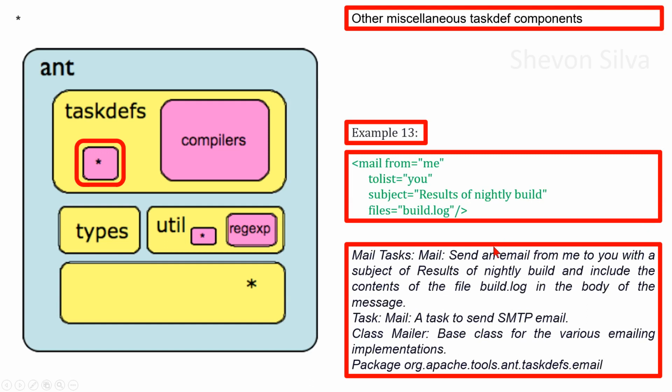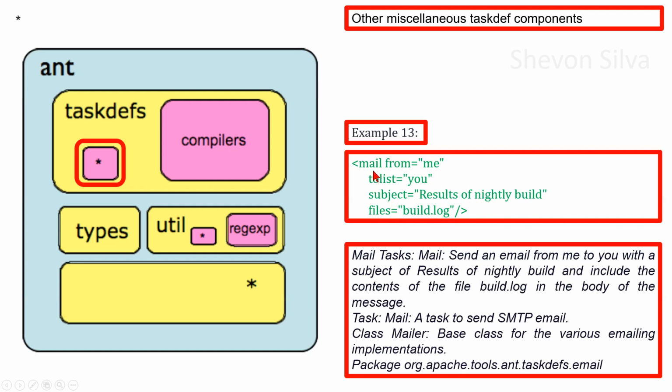Now we are considering mail in mail tasks. Here, send an email from me to you with the subject of results of nightly build and include the contents of the file build.log in the body of the message.